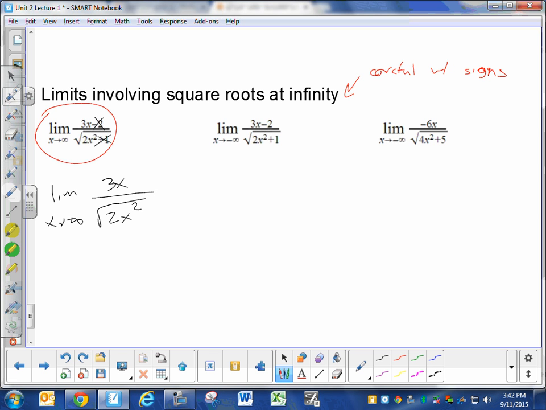Well, after I rewrite it like that, I have a product under a square root. I could rewrite that as root 2, and then the square root of x squared is going to be x. However, the square root of something squared could be positive or negative.